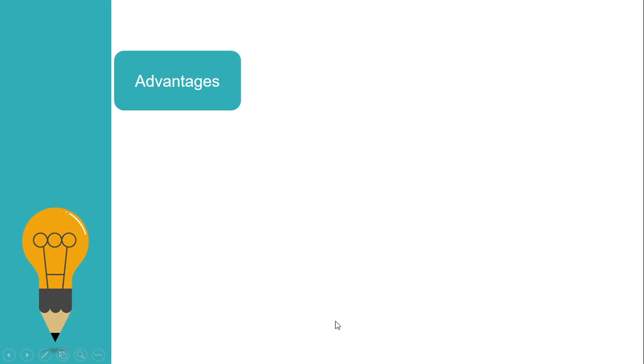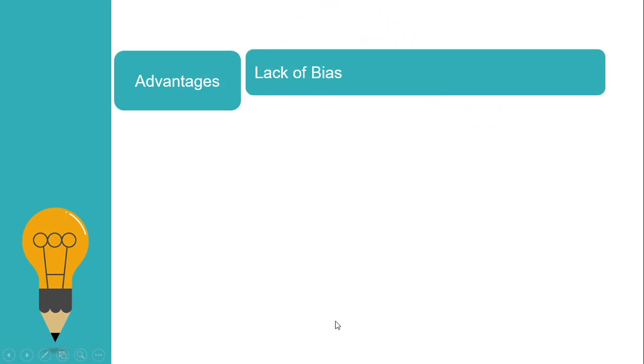The advantage of this sampling technique is lack of bias, because the individuals who make up the subset of the larger population are chosen at random, and each individual in the whole population has the same probability of being selected.